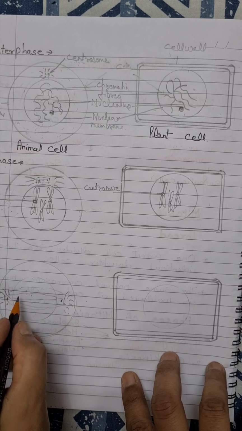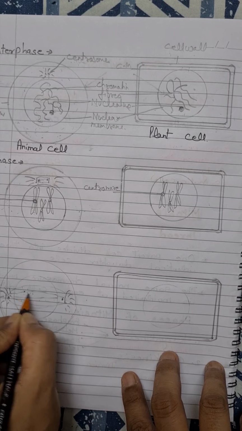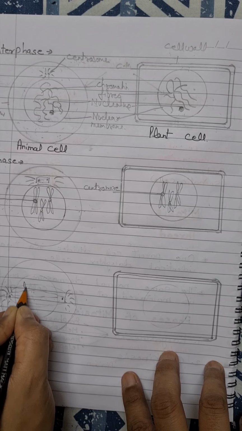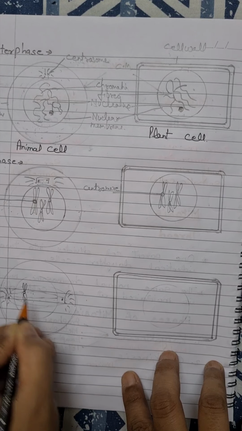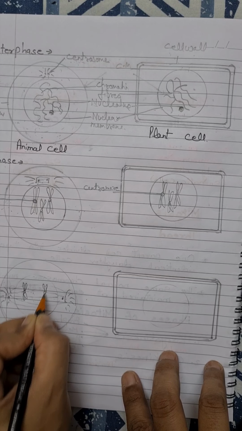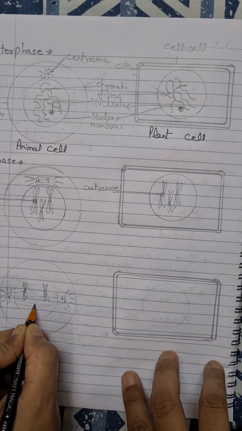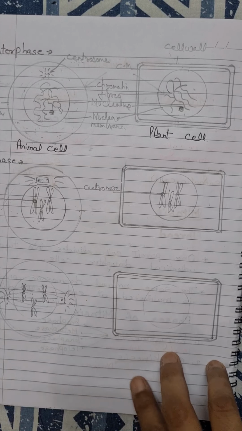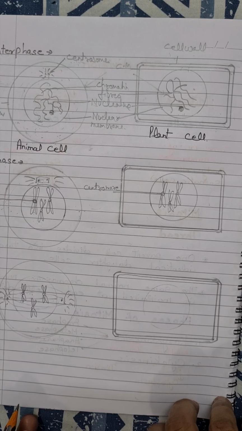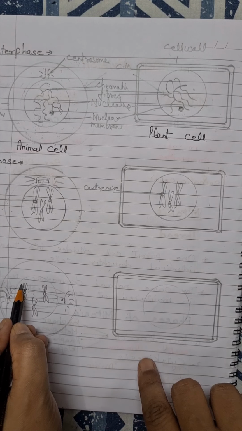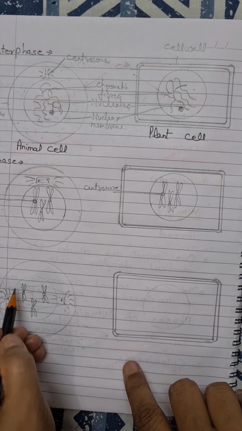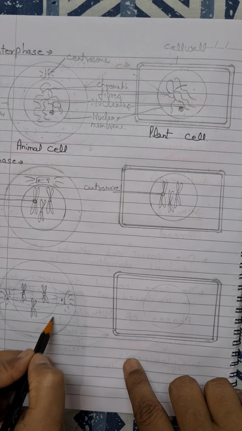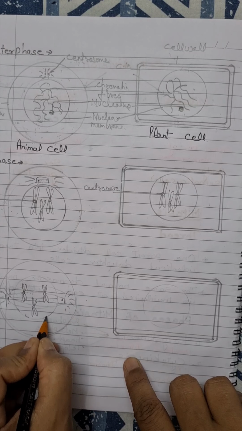After this, the chromosomes start moving towards the imaginary center or the equator of the cell. And the last change which occurs at the end of prophase is that the nuclear membrane starts disappearing.